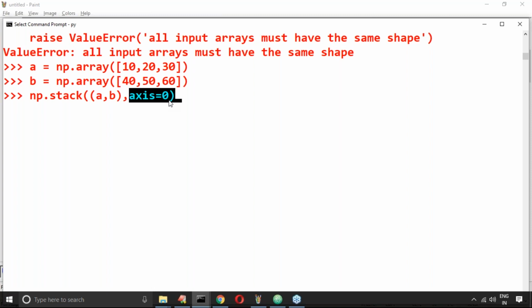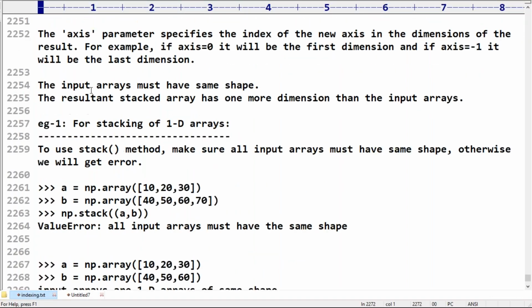It is the resultant array, meaning the stacked output.